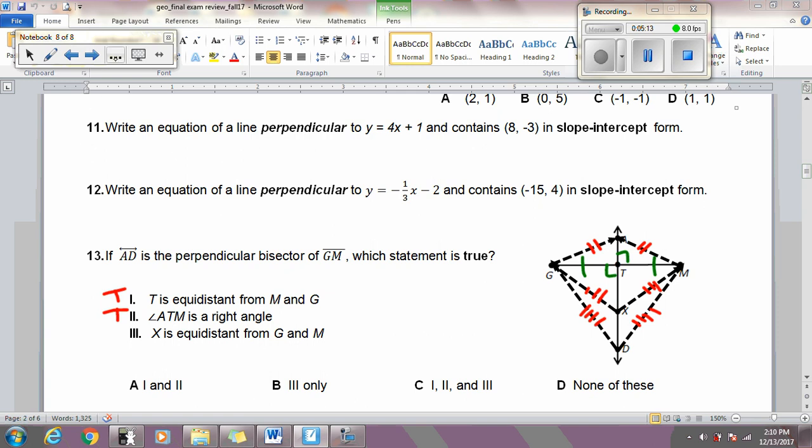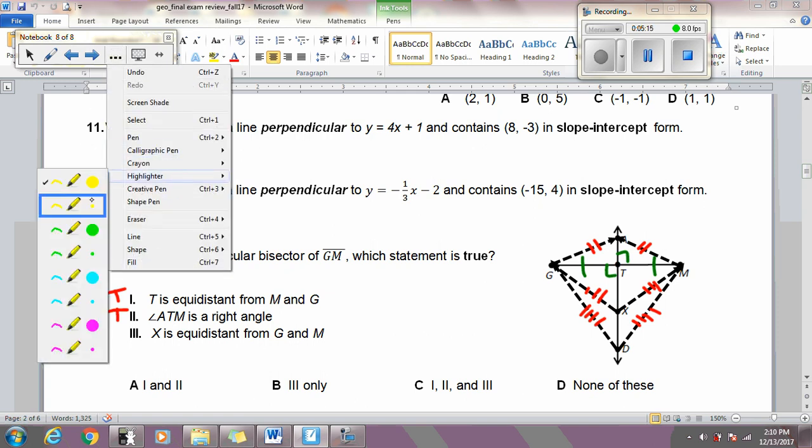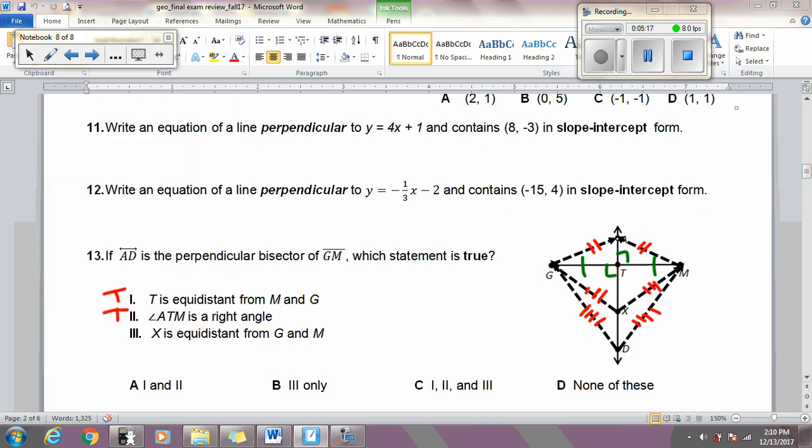If you need me to highlight it so it stands out, I will be more than happy to. Here's ATM. Okay. And then X is equidistant from G and M, which is again true because X is along the perpendicular bisector. So since all three are true, the answer is C.